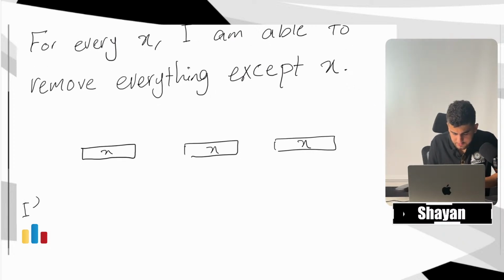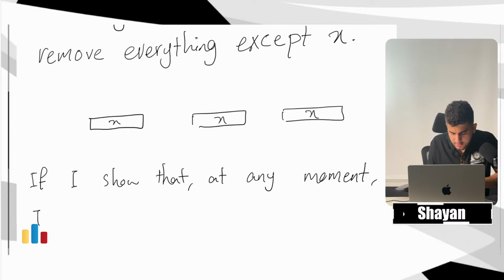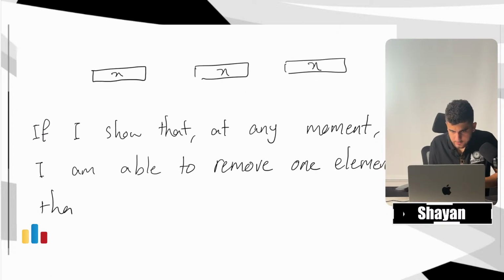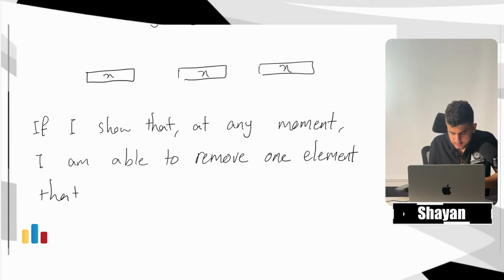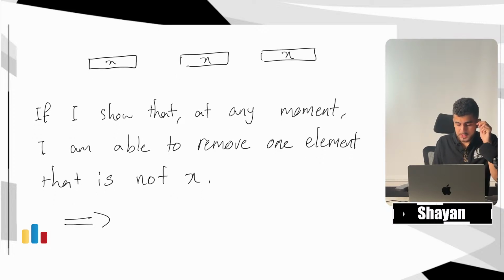So if I show that at any moment I am able to remove one element that is not x, then it shows that I can keep repeating this operation, each time I remove one of them.